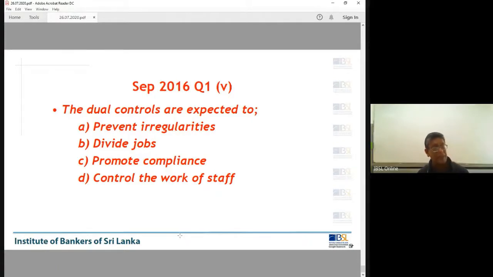Then we discussed that the best risk management is having a better customer relationship. A lot of risk can be eliminated or mitigated if you have a better customer relationship. And then we discussed how to identify that a particular bank is adopting a better risk management framework.